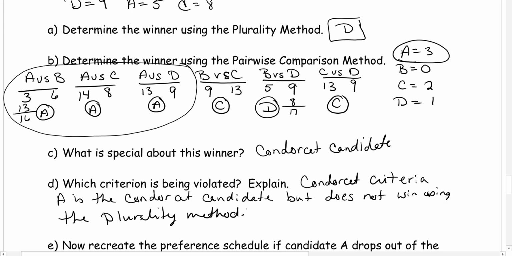The Condorcet criterion says that if a candidate is the Condorcet candidate, then they should win the election no matter what. Candidate A is the Condorcet candidate, but they do not win when we use the plurality method to count the votes.